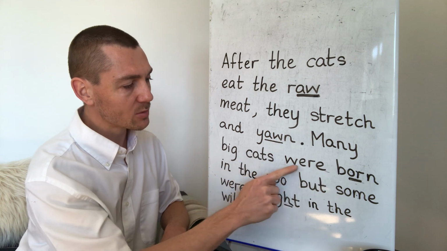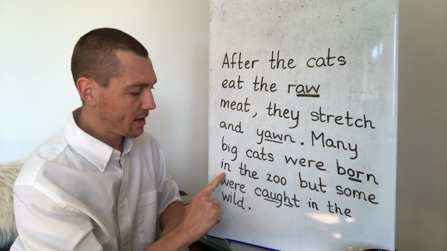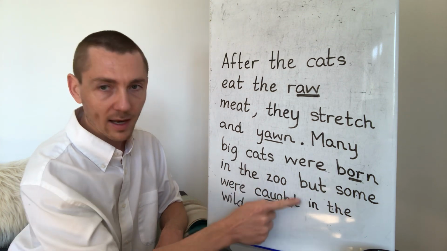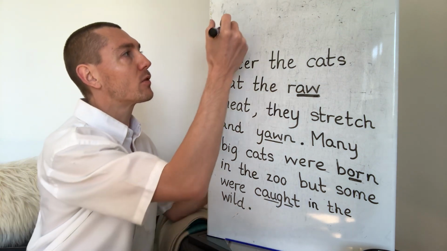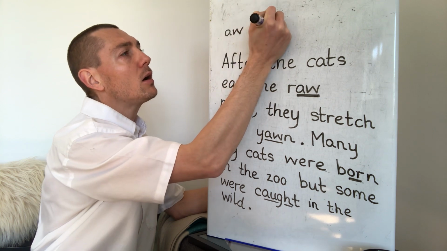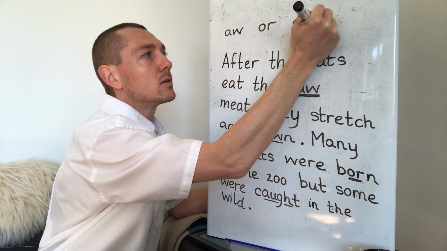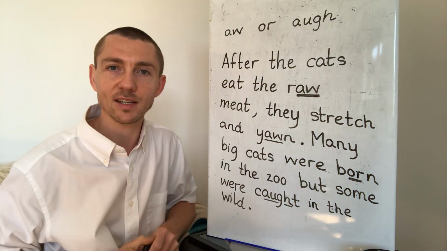Many big cats were born with an OR spelling of or in the zoo, but some were caught, A-U-G-H spelling, in the wild. So we've got A-W, we've got O-R, and we've got the A-U-G-H spelling. And we'll find some more of those in our writing tomorrow.